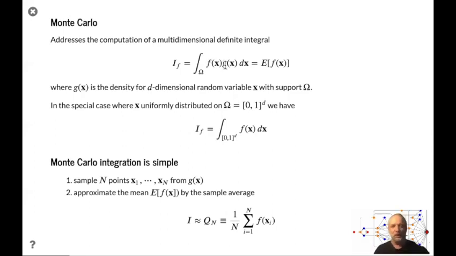Now, this distribution g could just be the uniform distribution if you're looking for the integral of just some function that is not necessarily a function of stochastic variables. In that case the integral just collapses to this, and you would be integrating on the uniform hypercube, and you would make a change of variable to adapt it to your problem and so on.